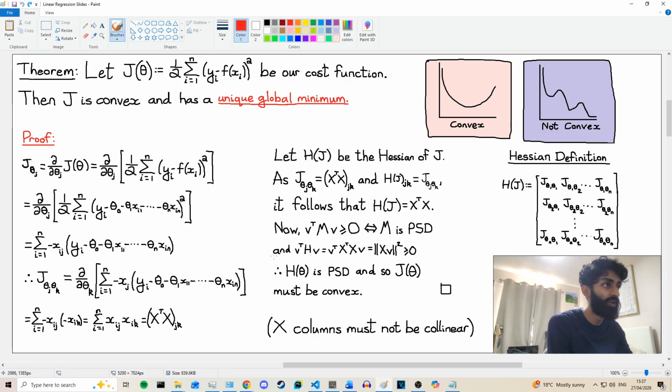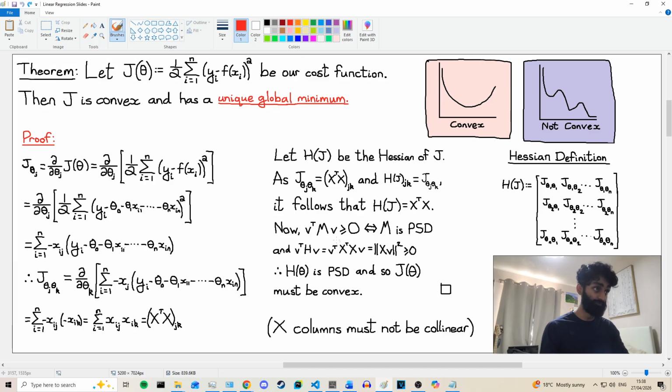But subbing in the Hessian into M here, so checking if this quadratic form with the Hessian is positive, well, we can just substitute in X transpose X for H, which we do here. And now this v transpose X^T X v is the same as the square of the norm of Xv. By definition, when you multiply a vector by its transpose, you just get its norm squared.